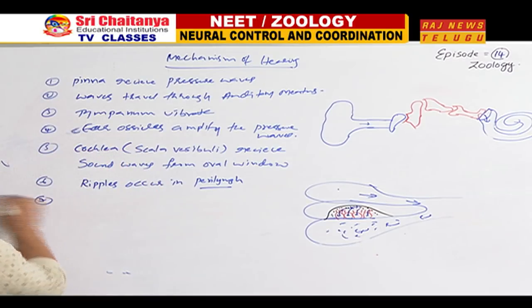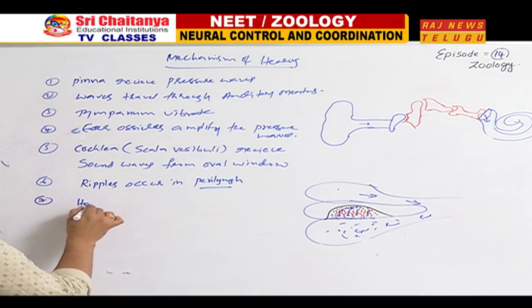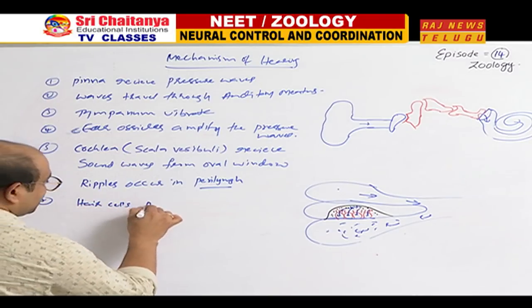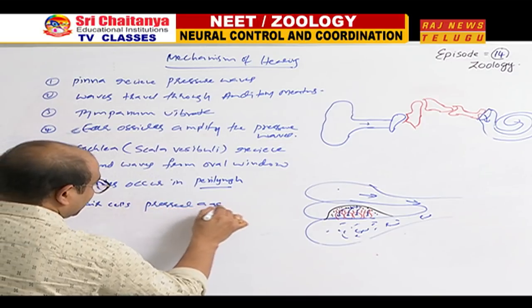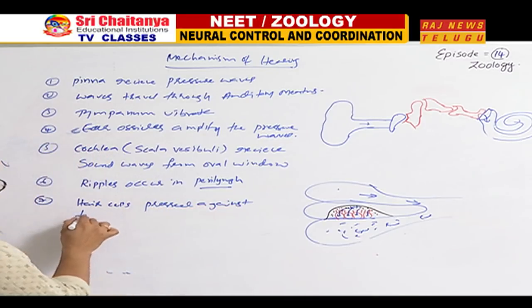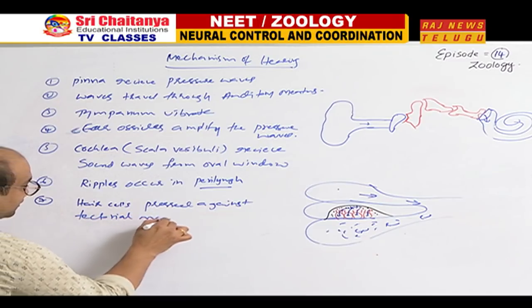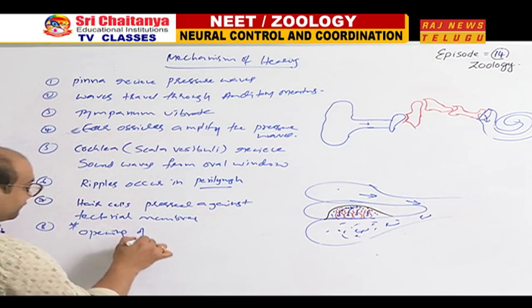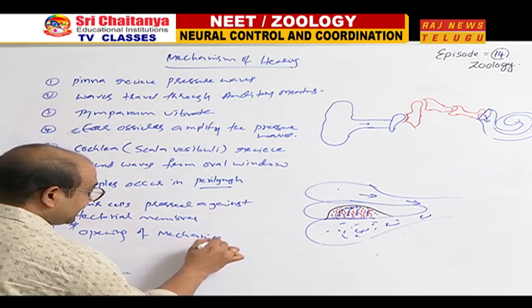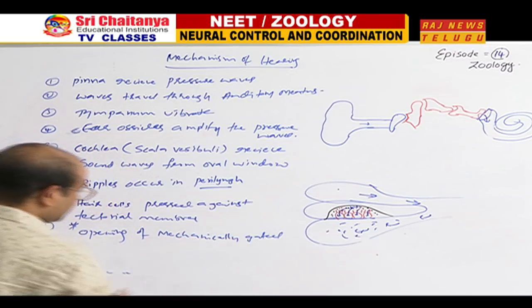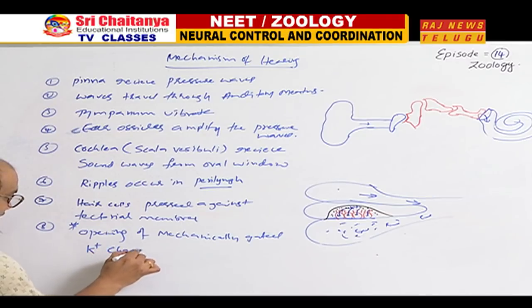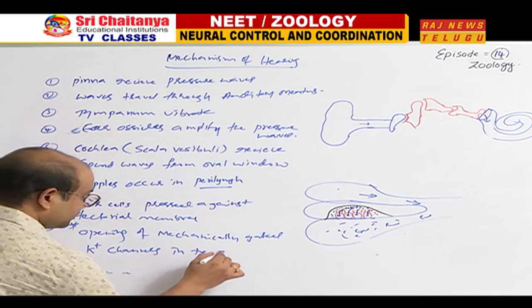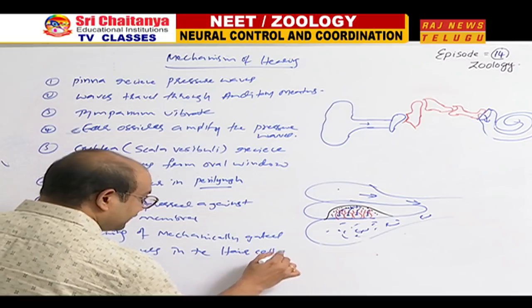I will write the point here, listen carefully. When ripples occur in the perilymph, hair cells are pressed against tectorial membrane, that will cause opening of, very, very important, mechanically gated K plus channels in the hair cell membrane.